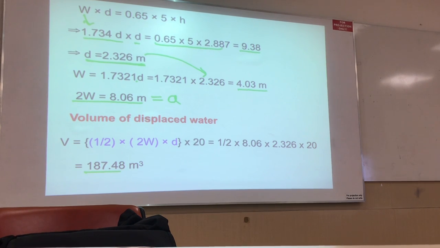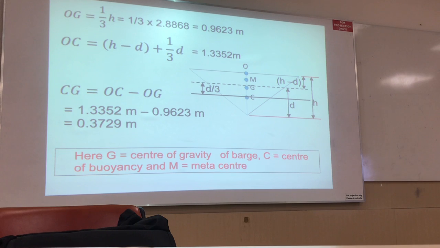You have to practice, okay? So now this one I explained already. So now you can see OG or CG. I can find OC minus OG. I substitute the value and I get CG is equivalent to 0.3729. Value of CG. Okay? So what is the value of CM?